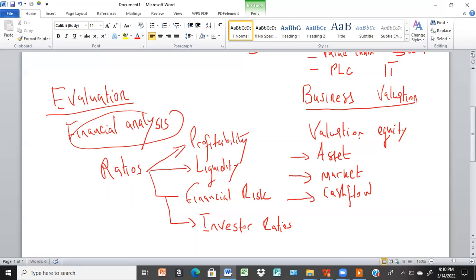Okay, now this is basically what you covered in your CA 2.5. And in the recent exam, we have seen the concept of DVM, the dividend valuation model, where the share price equals D1 over Ke minus g.